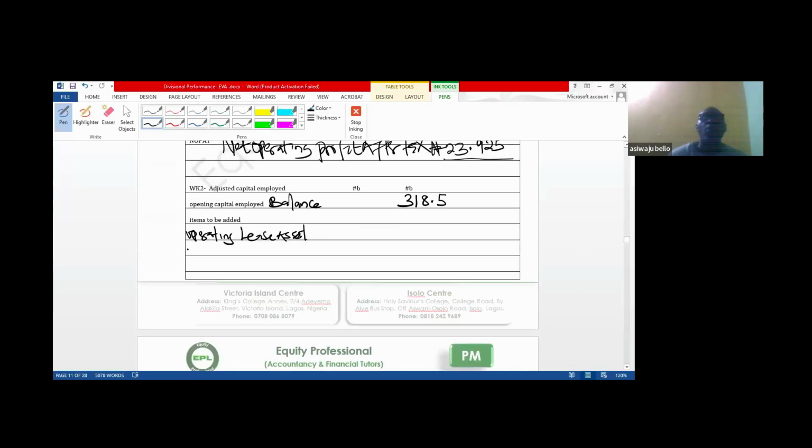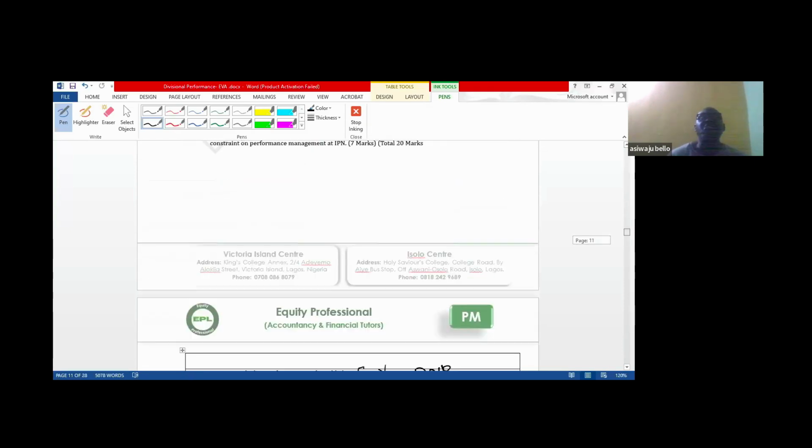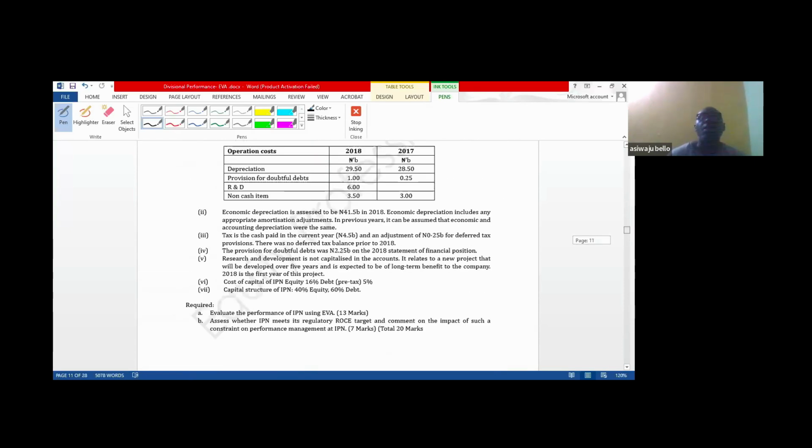Number 2, non-cash item. Amount is 3.5. Look at it here. Non-cash item for 2018, 3.5. Add back.